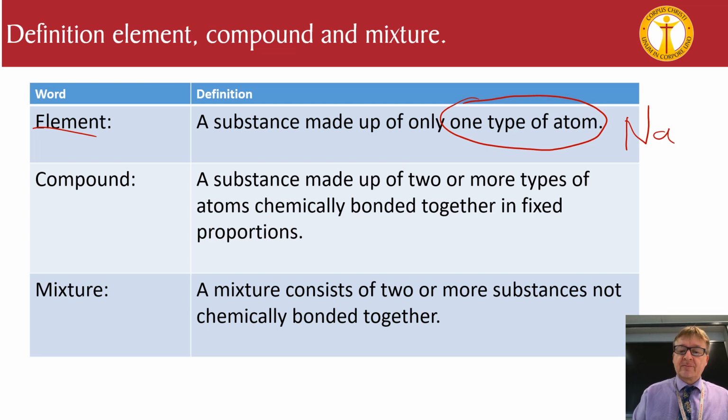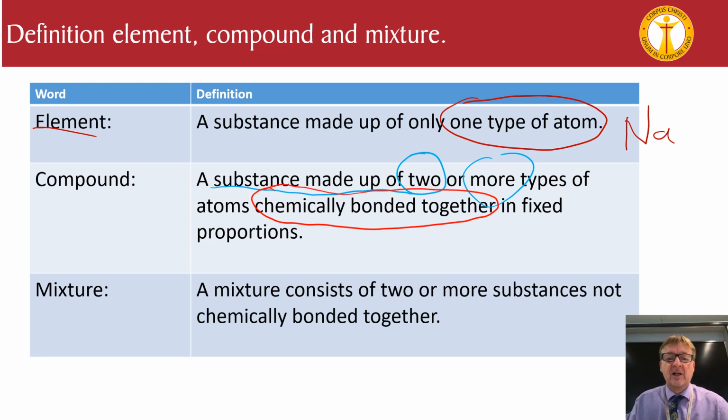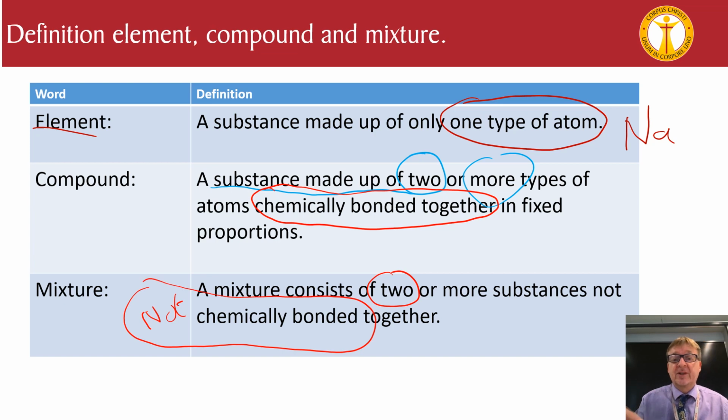A compound is a substance made of 2 or more types of atoms, but the most important thing is that they are chemically bonded together. And a mixture consists of 2 or more substances, just like a compound does, but not chemically bonded together. So you can separate them very easily.